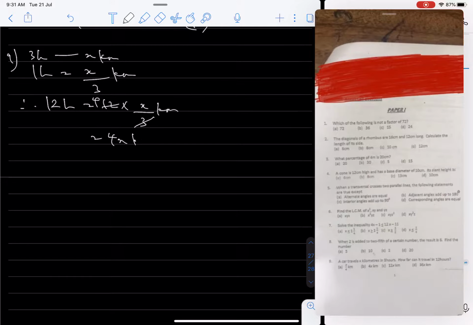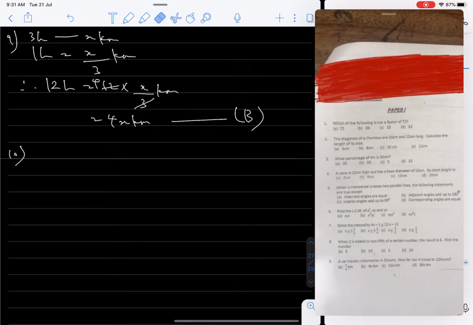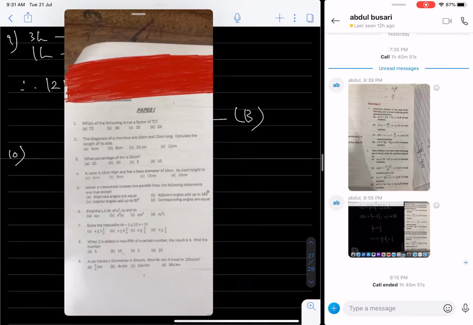And that means 4x kilometers. That means the car will travel 4x kilometers in 12 hours. And that option is B. Now to number 10.